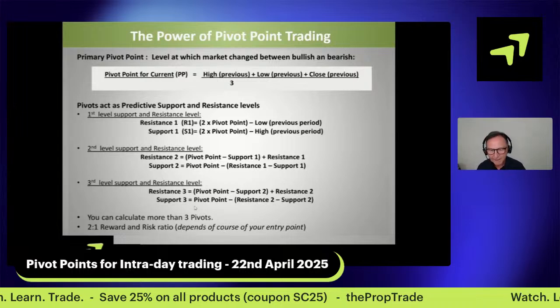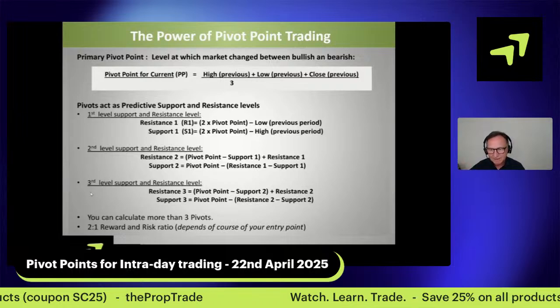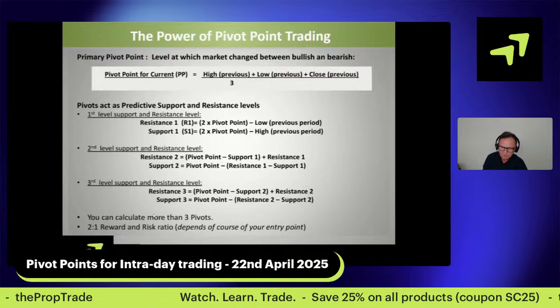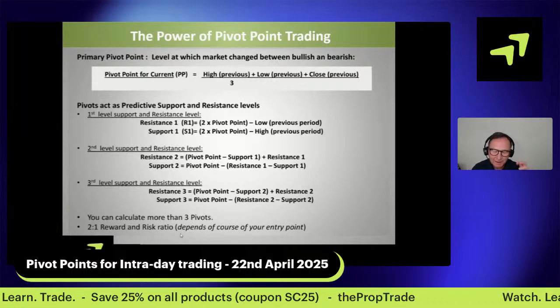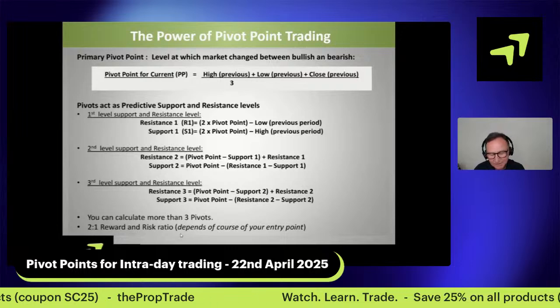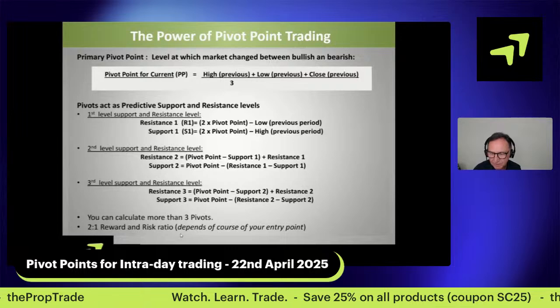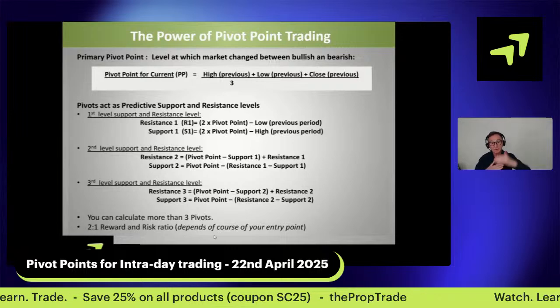And again, you use the same maths to create the fourth levels, the third levels. Again, this is just an idea that some people use. I've used it in the past. It gives you an idea of a 2-to-1 risk reward ratio as well, because of the maths involved.